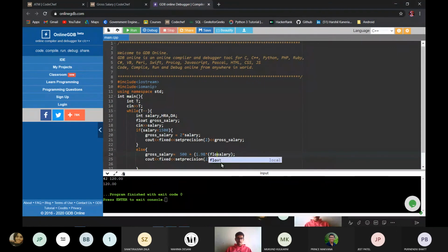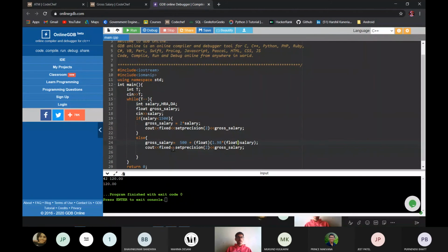This sum is going to be a float, so let me declare the float over here, and then we can put this. Okay, so I hope our code is completed.